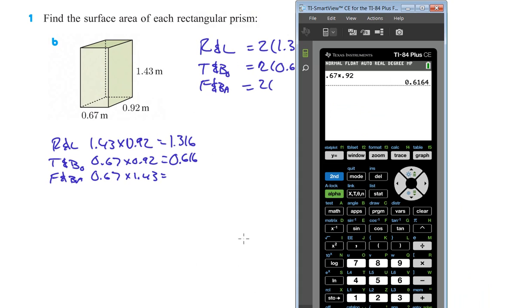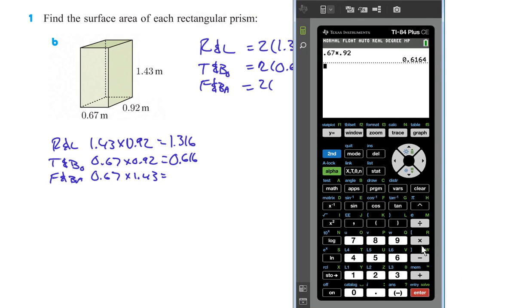And then we can do 0.67 times 1.43, and that gives us 0.958.